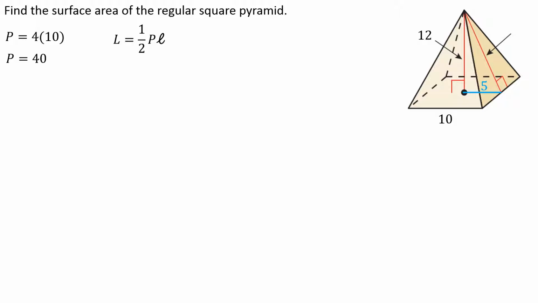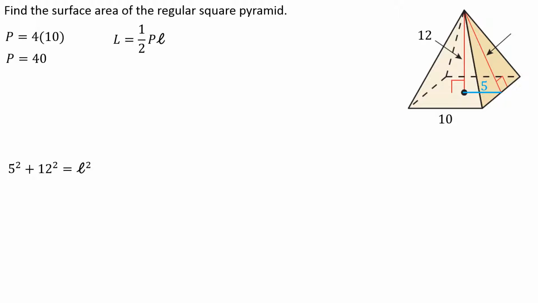Well, if the side of the square is 10, the distance from the center of the base to the bottom of the slant height is 5. And of course, I've got a right triangle.